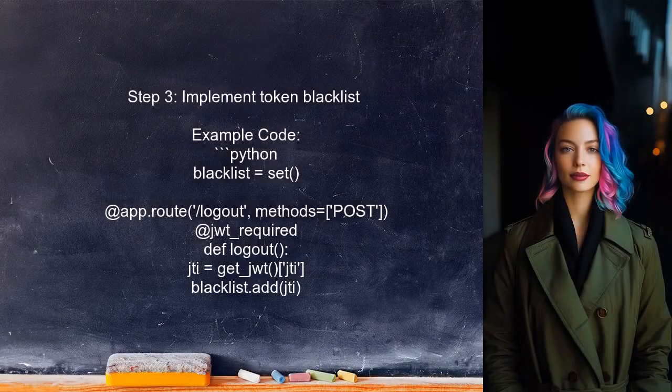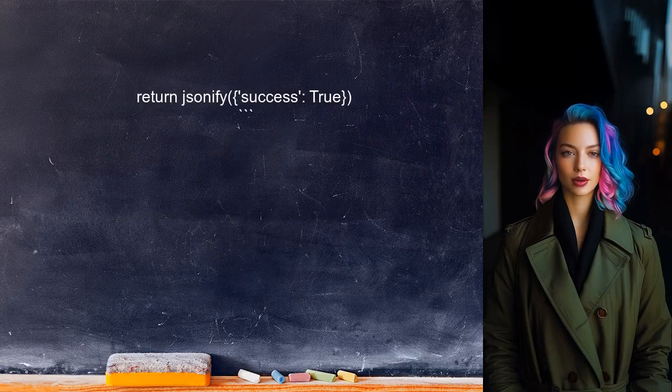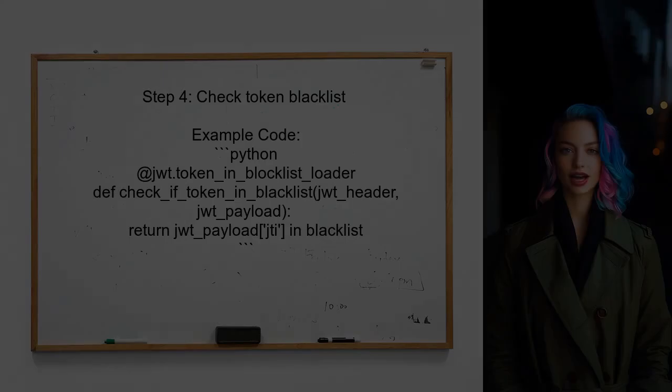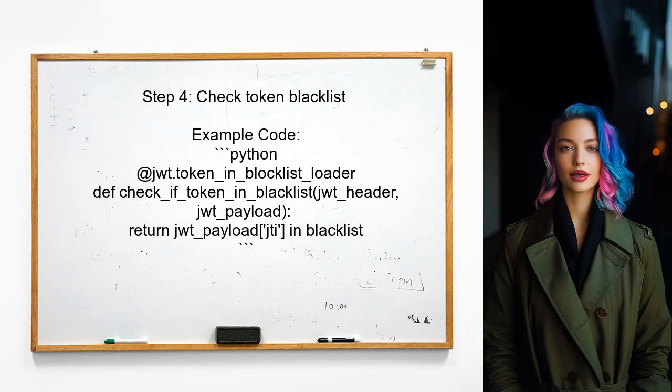Additionally, the user should consider implementing a token blacklist. This can be done by storing invalidated tokens in a database or in-memory store, which can be checked during authentication. Finally, the user should ensure that the token blacklist is checked during the authentication process. This will prevent any blacklisted tokens from being accepted.